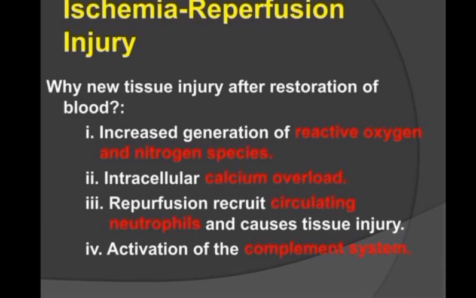Intracellular calcium also increases. The reperfused blood brings more calcium, which accumulates in the mitochondria, so the mitochondria produce less ATP. Without enough ATP, the cell cannot efflux the calcium outside, so intracellular calcium accumulates and causes further damage.